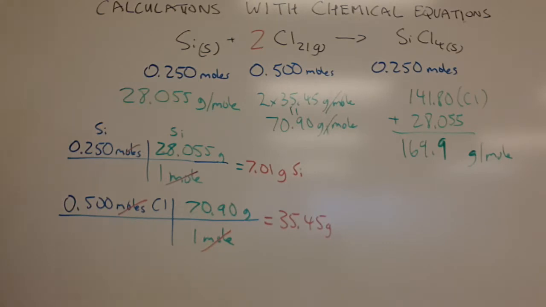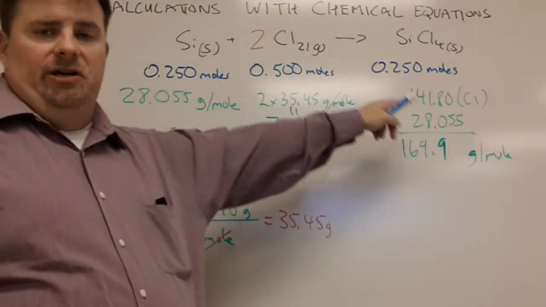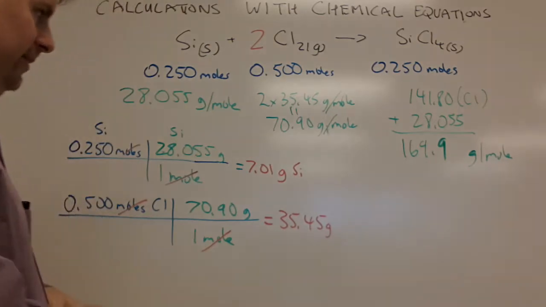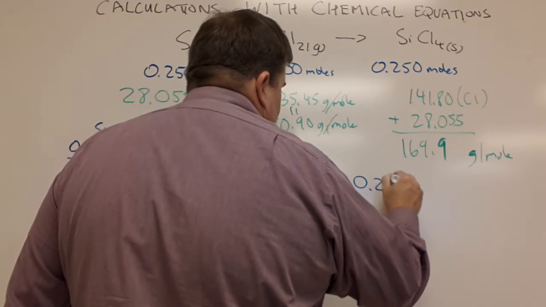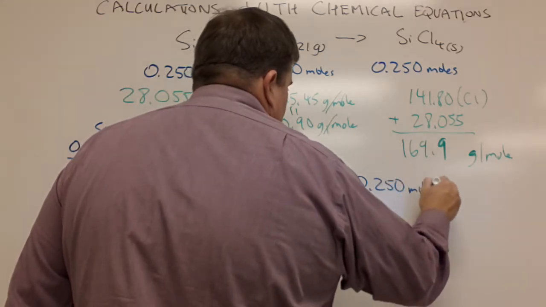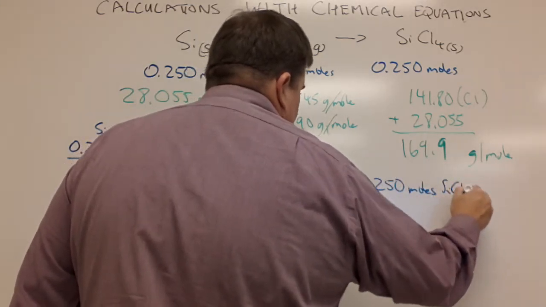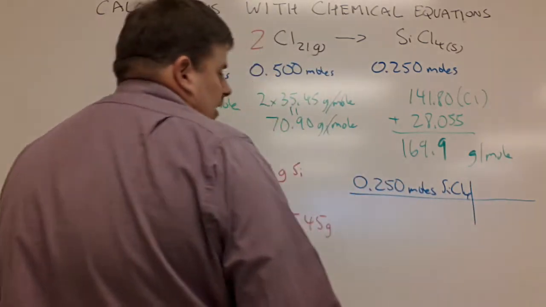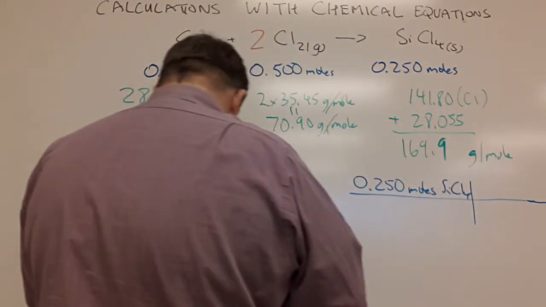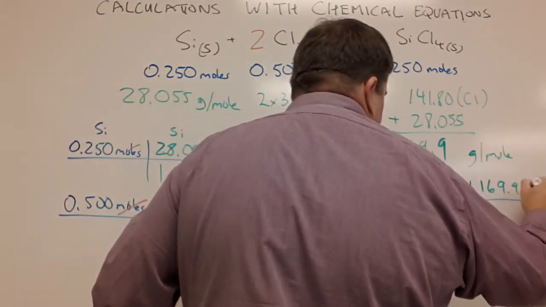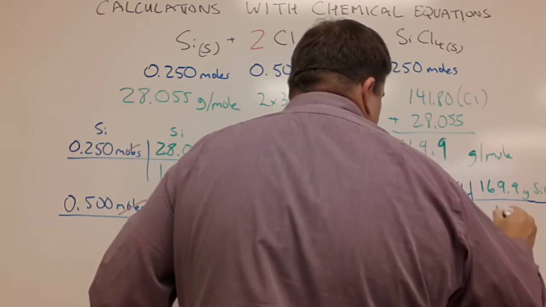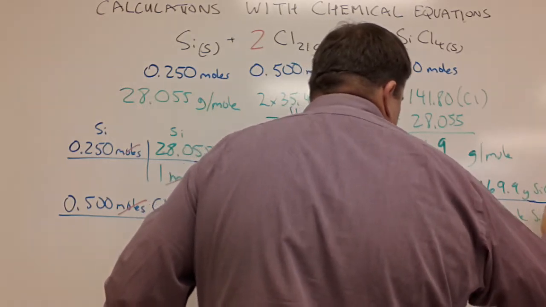Now, what about for silicon tetrachloride? What is going to be the number of grams that I've got there? Notice I have fewer moles here. Is that going to really impact the weight? Well, it depends on the molecule itself. So I've got 0.250 moles of silicon tetrachloride, and I am going to have 169.9 grams of silicon tetrachloride for every 1 mole of silicon tetrachloride.